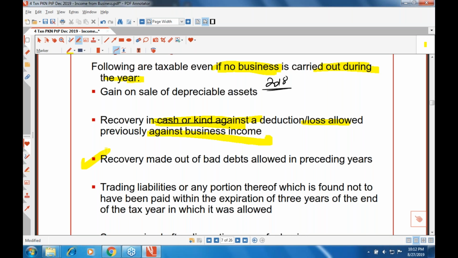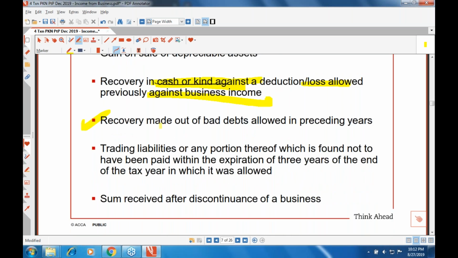Okay, now what next is there? The next situation is trading liabilities or any portion thereof which is found not to have been paid within the expiration of 3 years of the end of the tax year in which it was allowed. Now this is something which is very important.